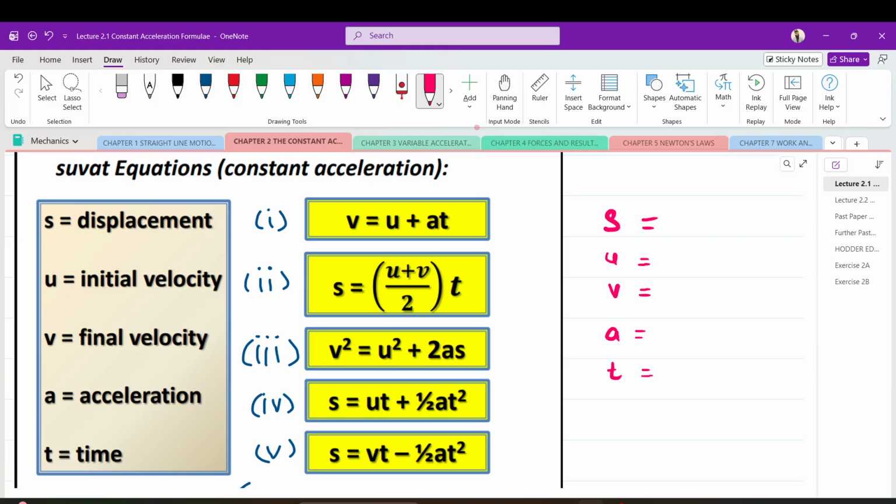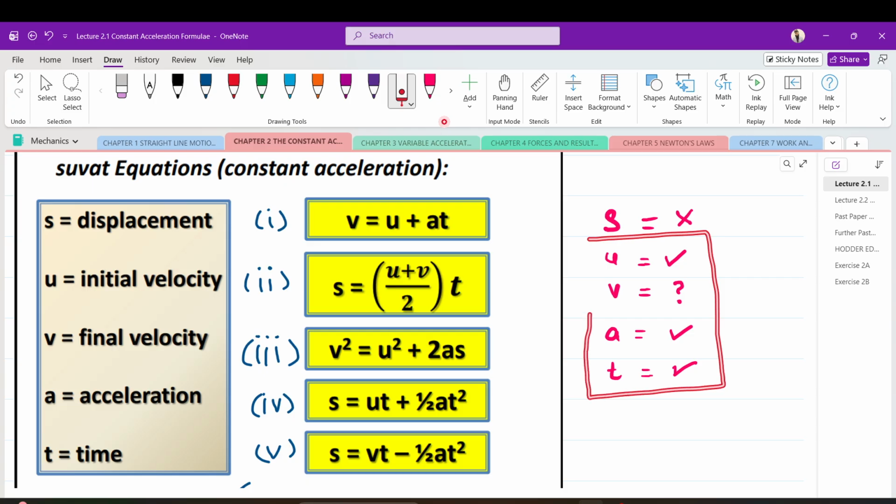Let's say that in the question I need to find V. So V, there goes my question mark. The question mark tells you this is what I need to find. You have been given an initial velocity, an acceleration, and time, but there is no discussion about displacement. So I need to look for an equation that has all of these 4 variables. The only equation that has all 4 of these variables is the first one.